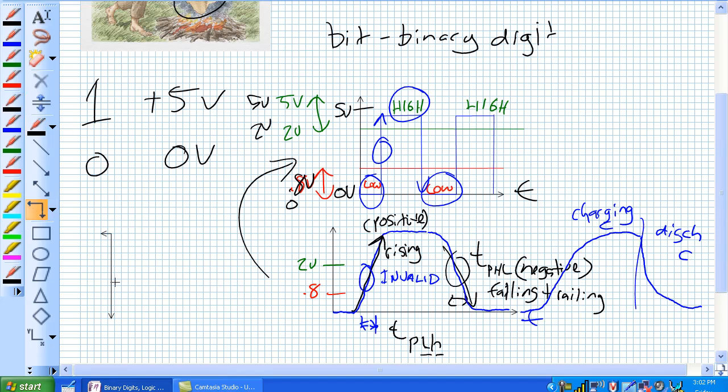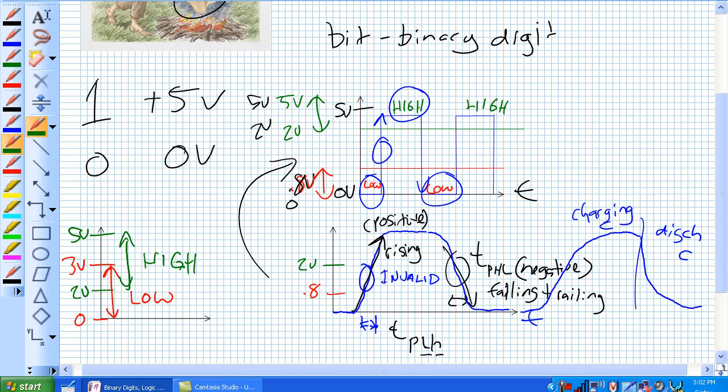If I had a logic here where my acceptable values were from 0 volts to 3 volts for a low and 2 volts to 5 volts for a high, so anything between 0 and 3 is a low, anything between 2 and 5 is a high.